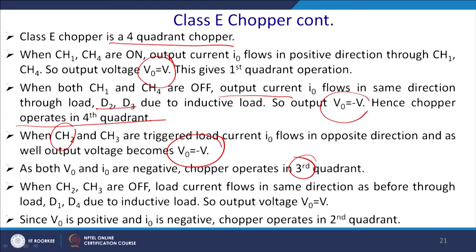Thereafter, when CH2 and CH3 are off, the load current flows in the same direction as before through the load and D1 and D4, due to the inductive loading and high value of current, maybe because of high torque, and we assume that current to be continuous, not necessarily constant. So, the output voltage becomes V0 and it is basically the fourth quadrant operation. Since V0 is positive and I0 is negative, again the chopper will come to the second quadrant.